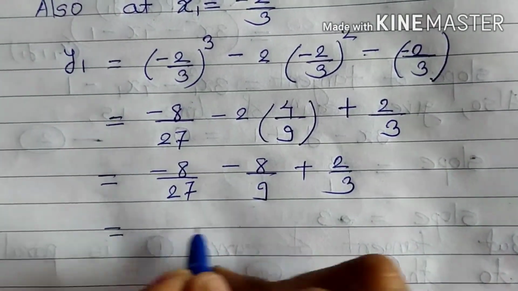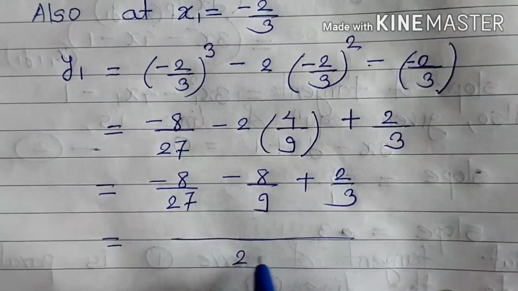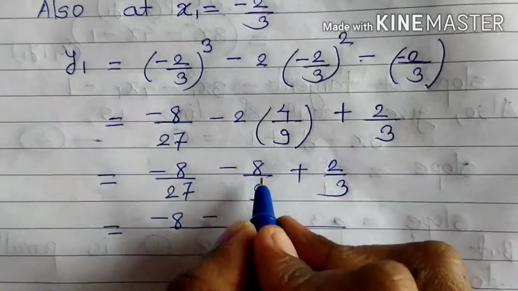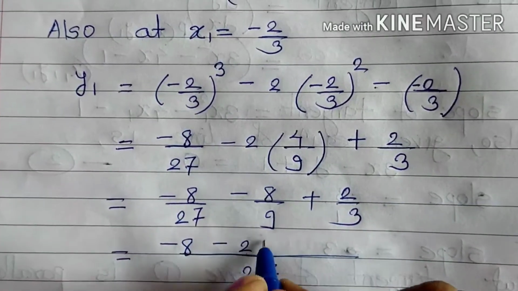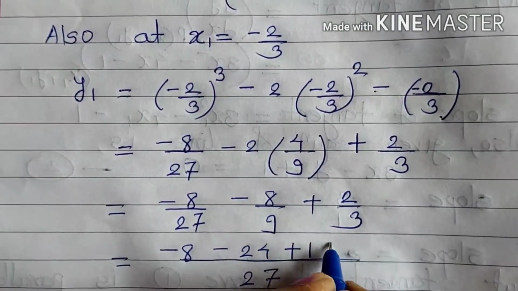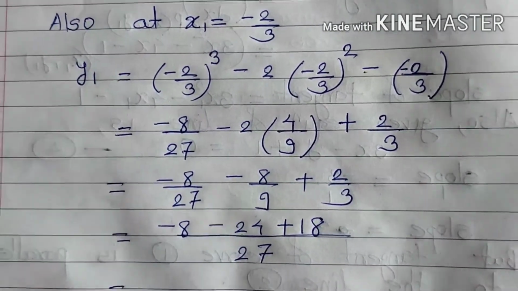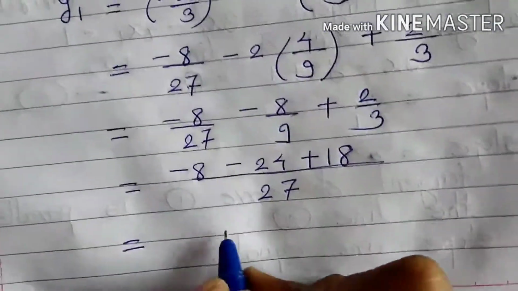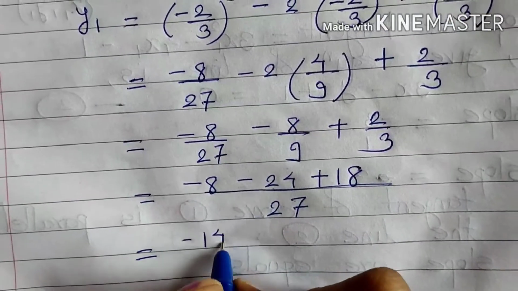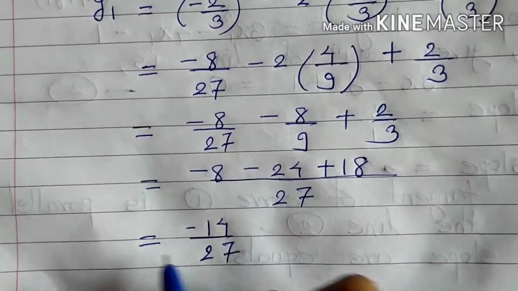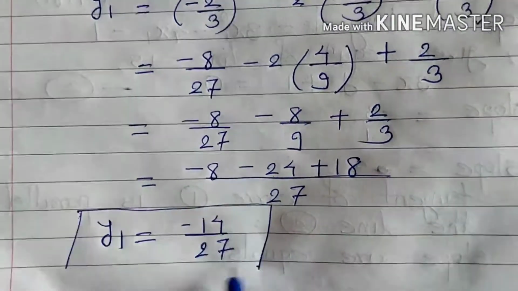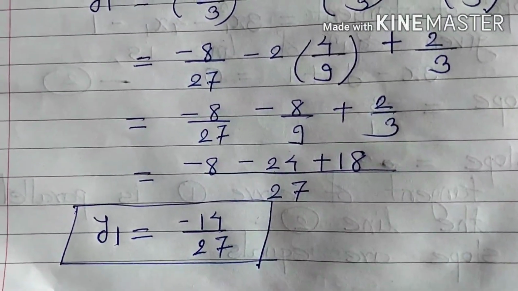So there is simple calculation, minus 8 minus 24 plus 18 upon 27, which is equal to minus 14 upon 27. So y1 is equal to minus 14 upon 27.